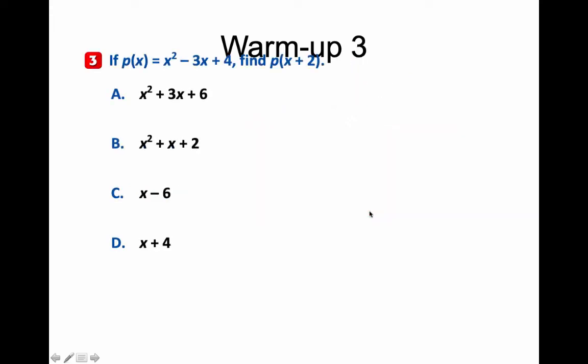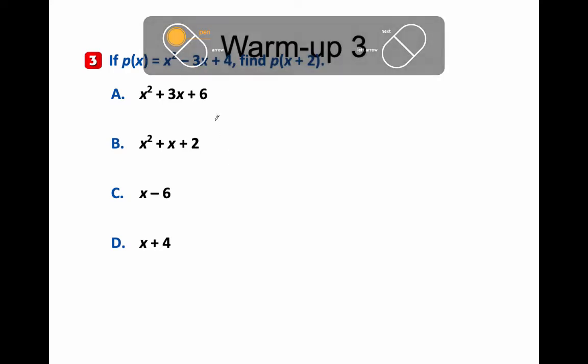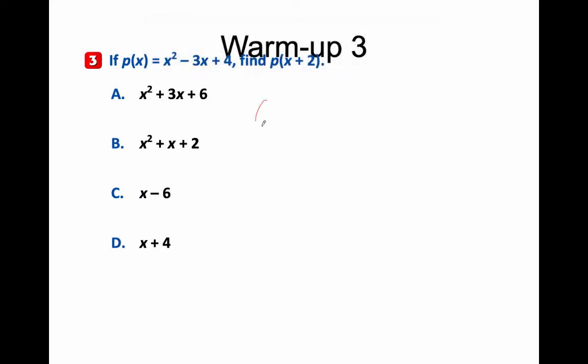When you put in x plus 2, make sure that you put in x plus 2 squared minus 3 times x plus 2 plus 4. When we square this, you could think about Pascal's triangle. First one squared plus 2 times the first one times the second one, 4x plus 4.